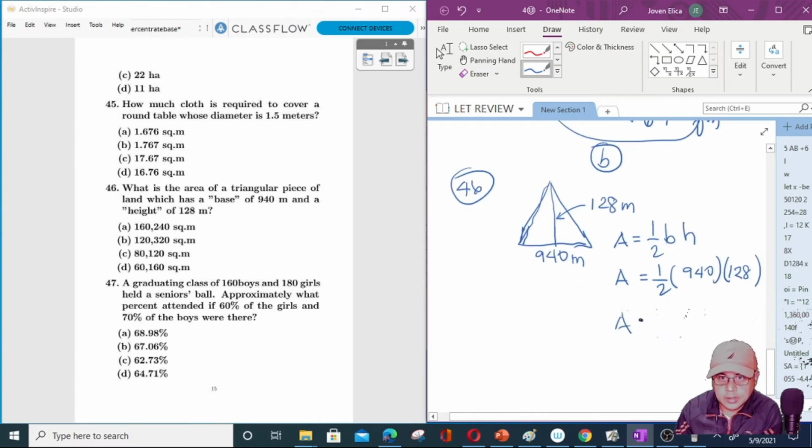The area of the triangular land is equal to 940 multiplied by 128 divided by 2. The answer is 60,160 square meter.